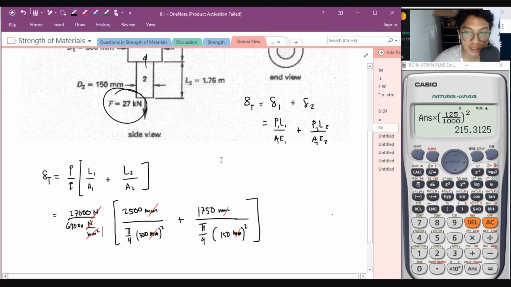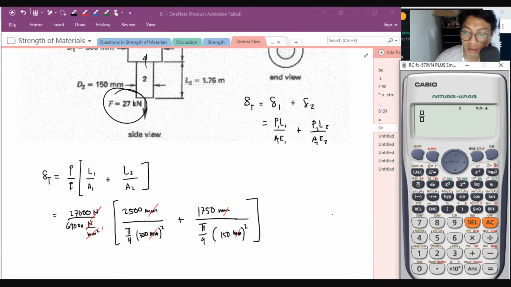So, what will be the deflection or the elongation? Sa calculator natin, 27,000 divide by 69,000 multiply to 2,500, tapos pi over 4 times 300 squared plus 1,750 divide by pi over 4 times 150 squared.